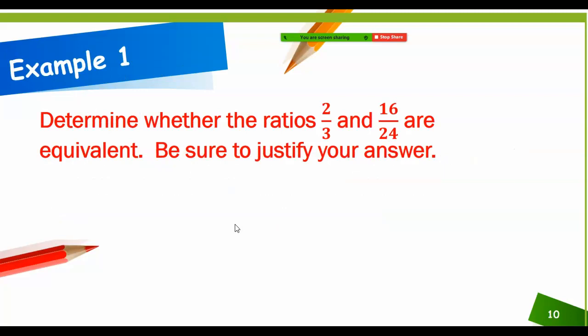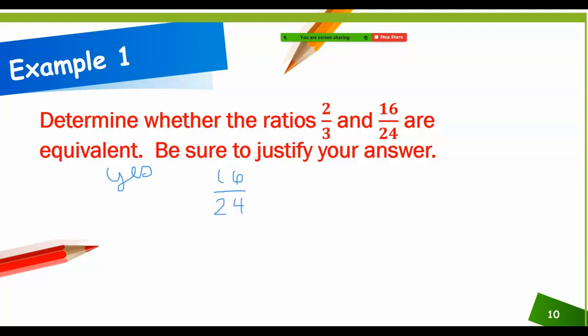Okay, determine whether the ratios 2/3 and 16/24 are equivalent. All right, Madison, your hand was up real quick. So they are equivalent because if you divide 16 and 24 by 8, you will get 2/3. Excellent.